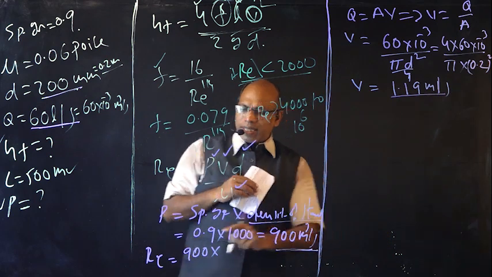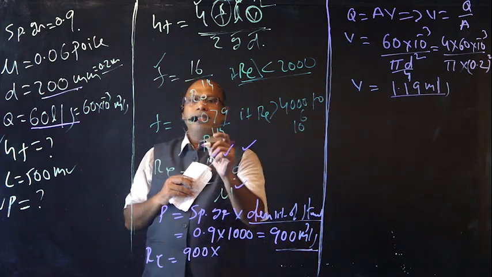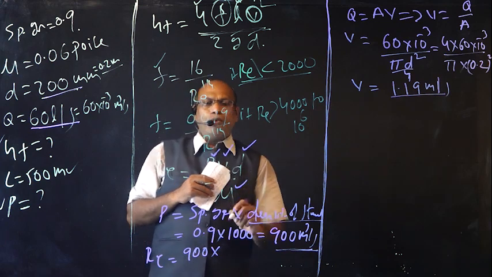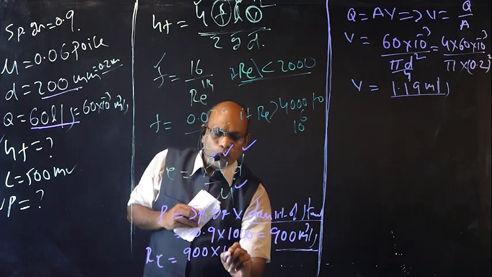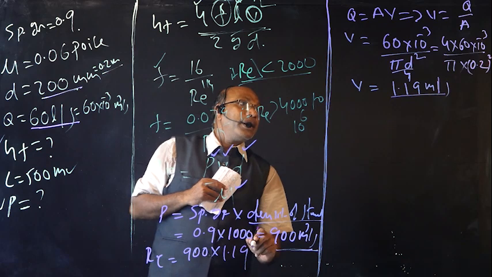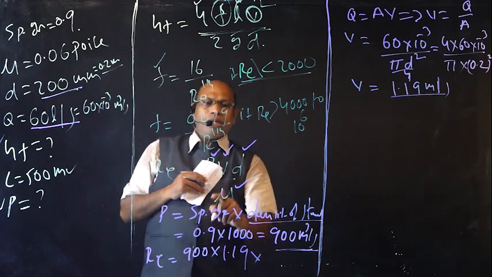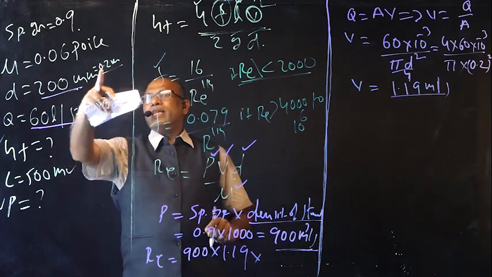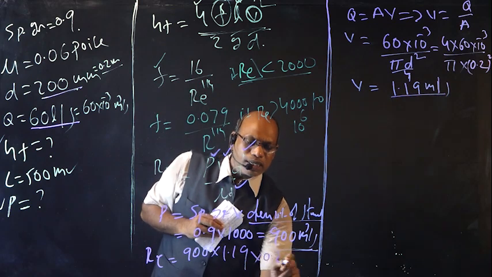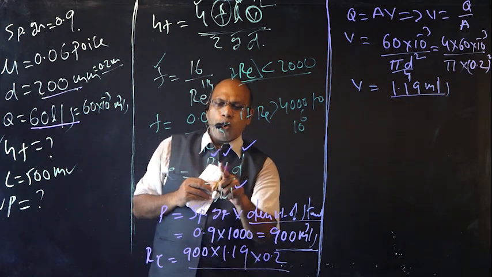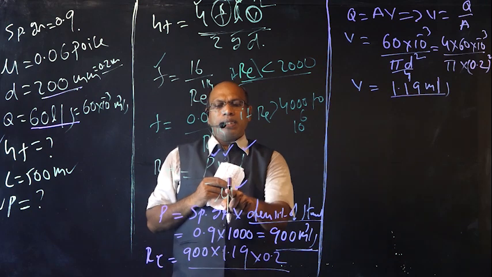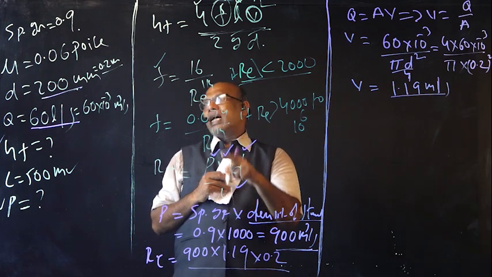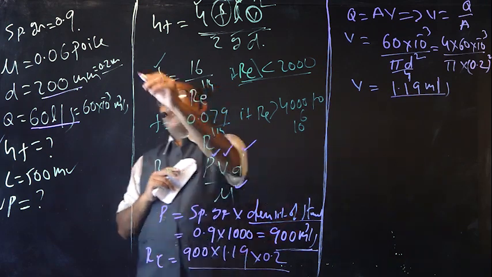Right? Therefore, Re is equal to 900, the density of the fluid, into the velocity 1.19, into the diameter of the pipeline 0.2 meters, divided by mu, that is the viscosity of the fluid given in the problem.